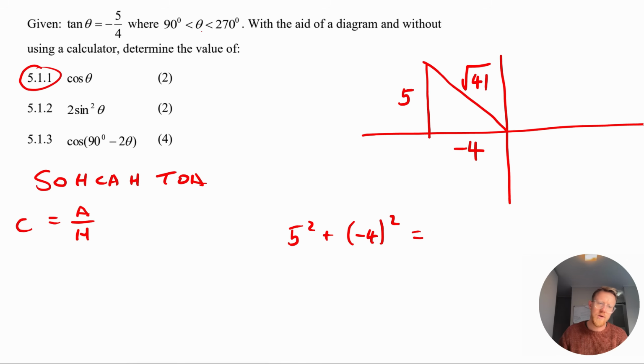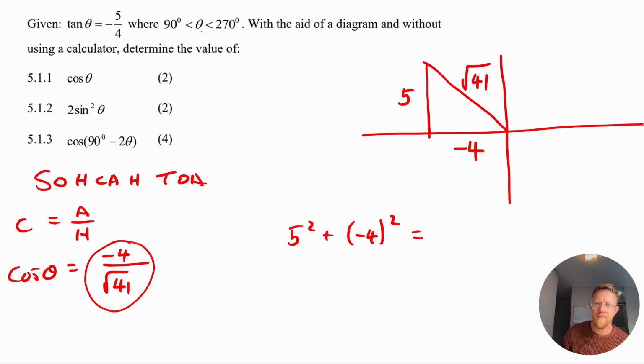So now we can go get cos of theta, because it's the adjacent, which is -4 over the hypotenuse, which is square root 41. Leave it like that, because they said don't use a calculator. Because if you had to type this on your calculator, it's going to give you a totally different looking value, because it's not going to let you have a square root in the denominator.